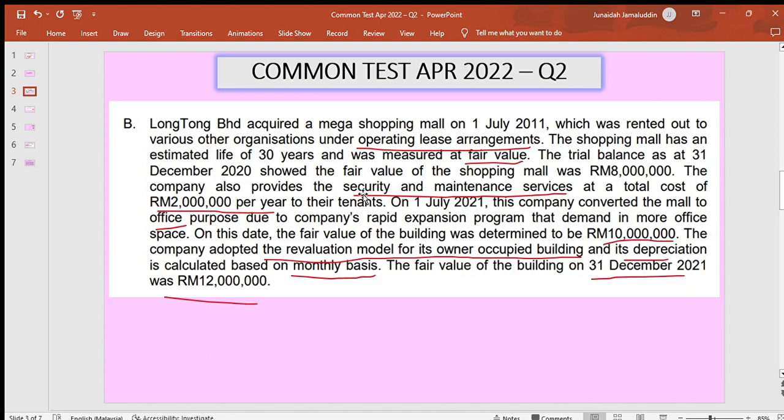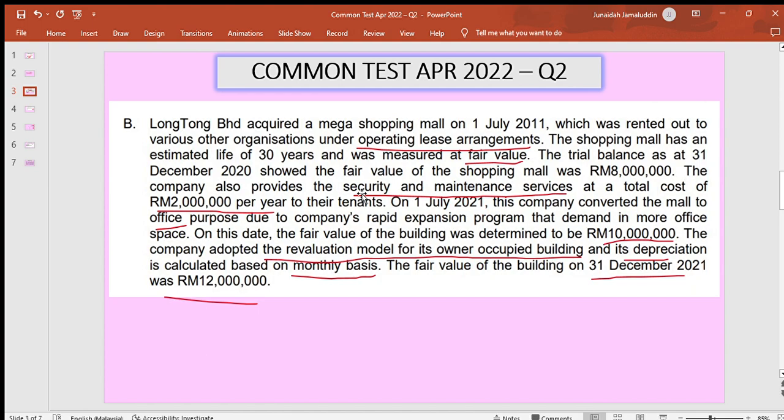Security and maintenance services or ancillary services are usually considered as insignificant services to the arrangement of the property as a whole, unless it is mentioned that the company provides significant security and maintenance services. If the company provides significant services, then the property should not be classified as IP.